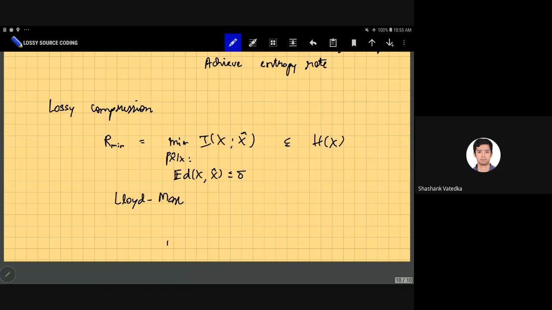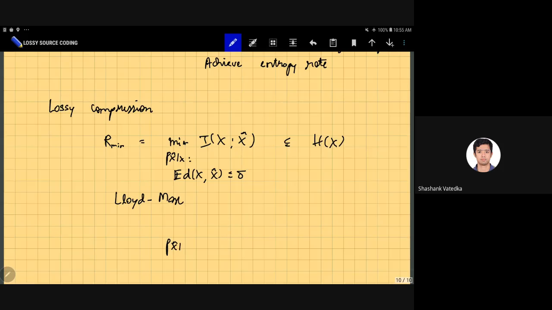So among all p(x hat given x), if you try to compress to an asymptotic rate which is less than this quantity, I of x and x hat, then you cannot recover the original file even with that amount of distortion.